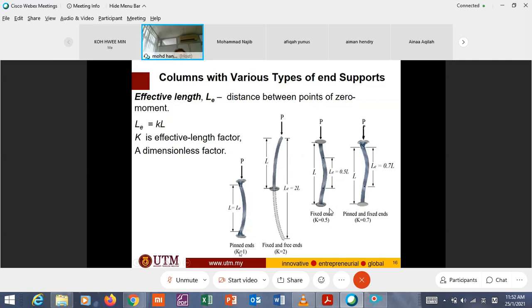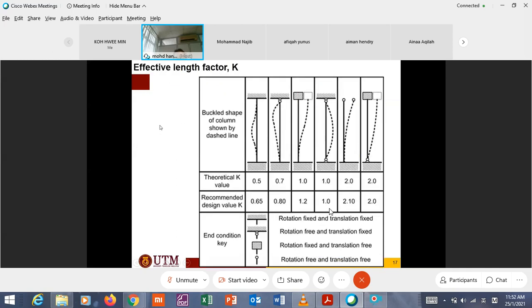So now you have K equal to 1, K equal to 0.5, K equal to 0.7, and K equal to 2. This is called effective length, LE equal to KL.